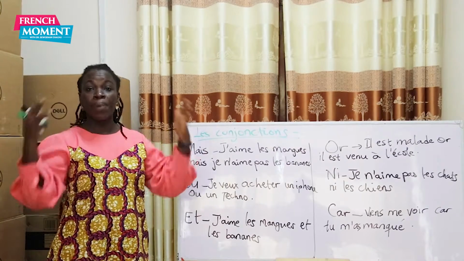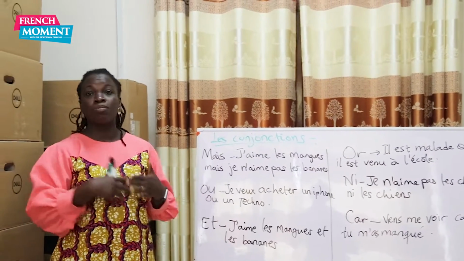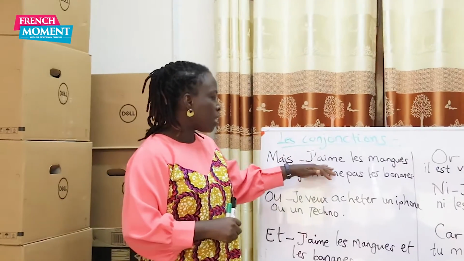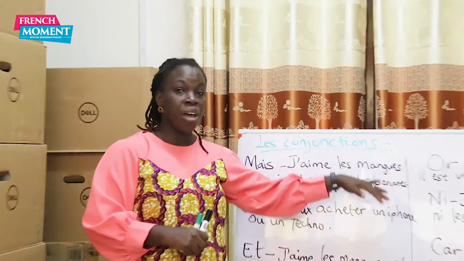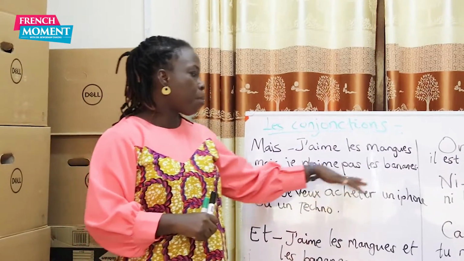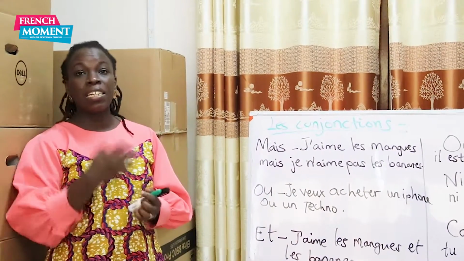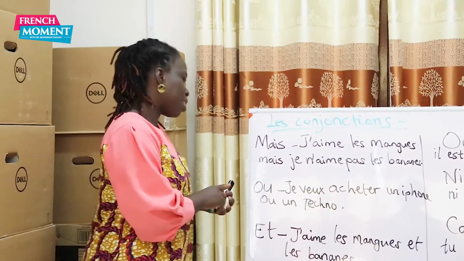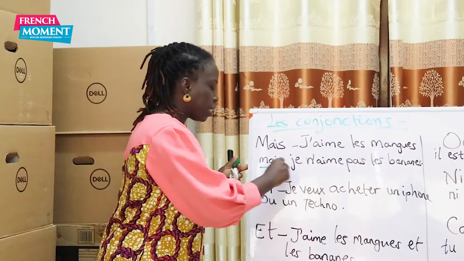Mais means but. And but represents opposition. Okay, so we have an example like "j'aime les mangues, mais je n'aime pas les bananes." In English, it will mean I like mangoes, but I don't like bananas.